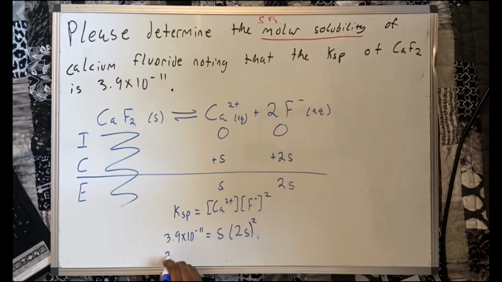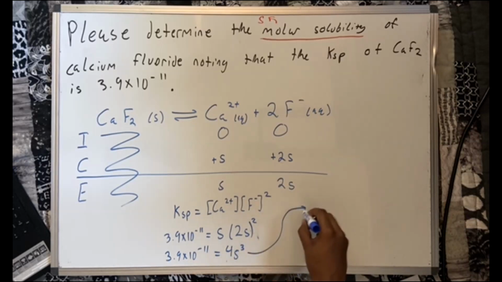And so 3.9 times 10 to the negative 11 is 4S cubed. And then we can solve for S, and we get S is what? Where's my calculator? Here it is.